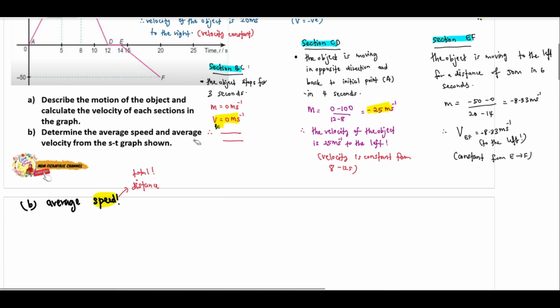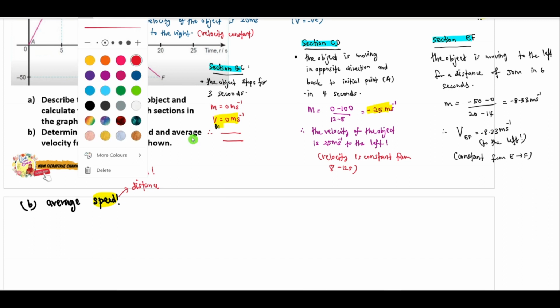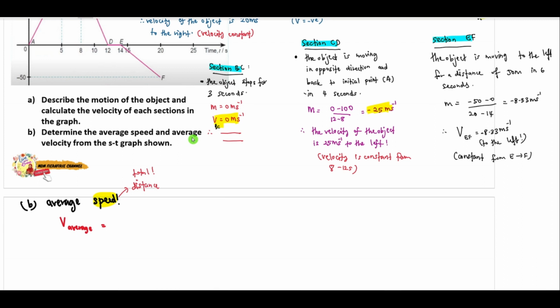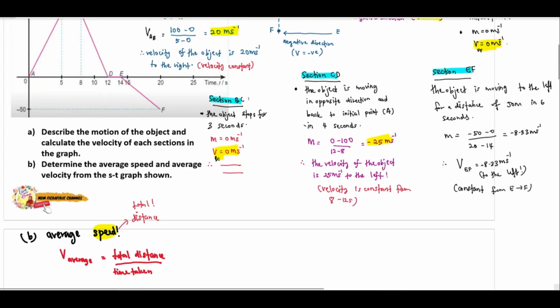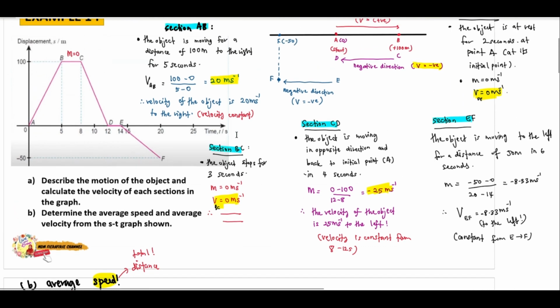Okay. So, since this is average speed, okay, so V average is equal to the total distance bagi dengan the time taken. Okay, the time taken to travel from A to F. Okay, so let's look at the graph in order to calculate the total distance.